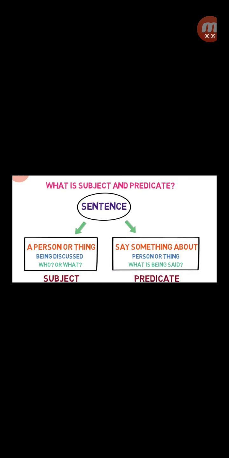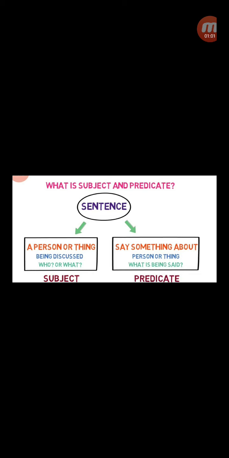Now, subject is a part of a sentence about which something is being said, that is when we are discussing about the person or a thing and we question ourselves starting with what and who.